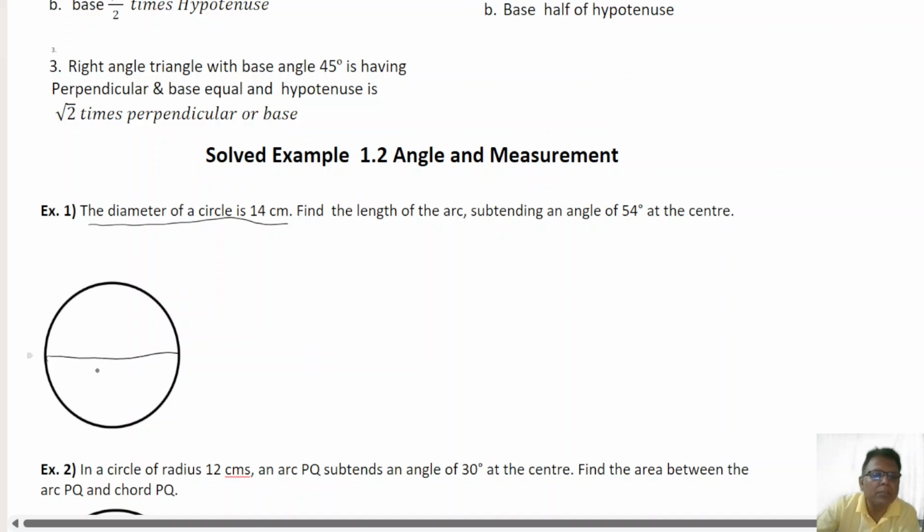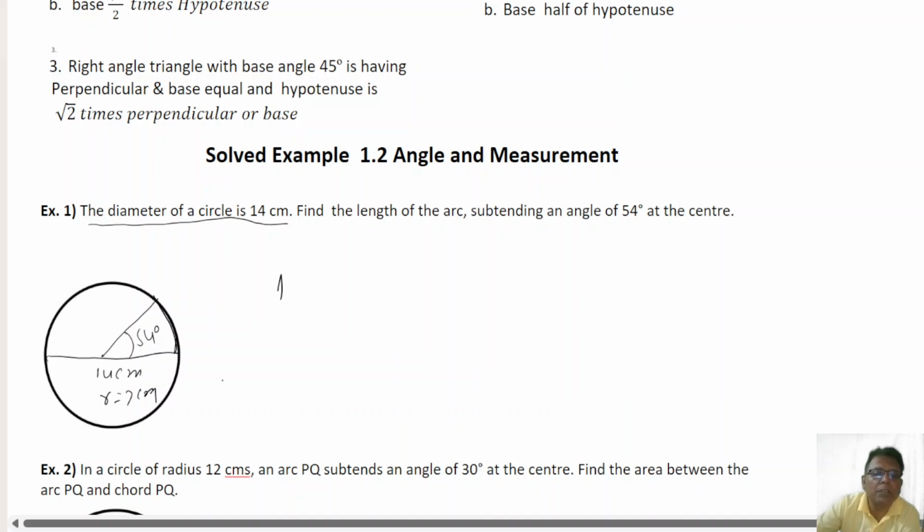So this one is 14 centimeter, so radius will be 7 centimeter. Find the length of the arc subtending an angle of 54 degrees. This is 54 degrees. Then this arc we have to calculate.